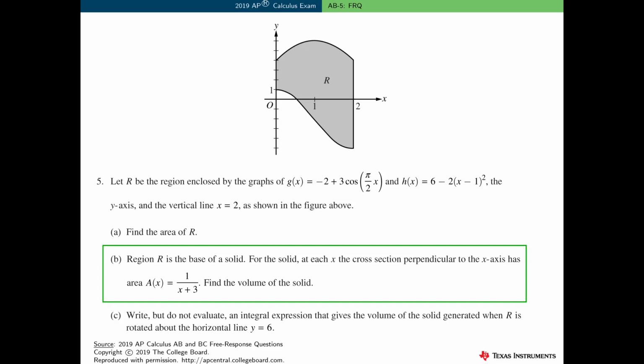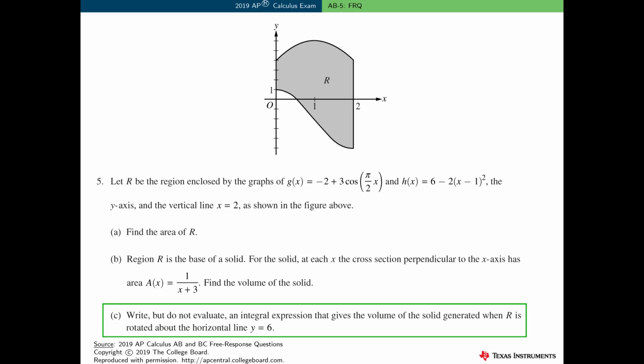At each x, the cross-section perpendicular to the x-axis has area given by the function a, and we need to find the volume of the solid. And in Part C, we need to write an integral expression that gives the volume of the solid generated when the region R is rotated about the horizontal line y equals 6.